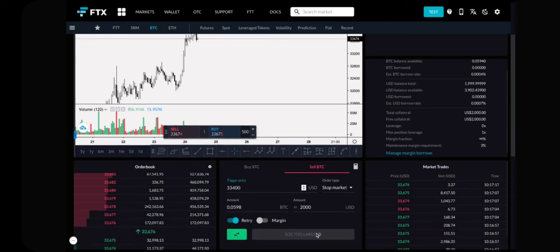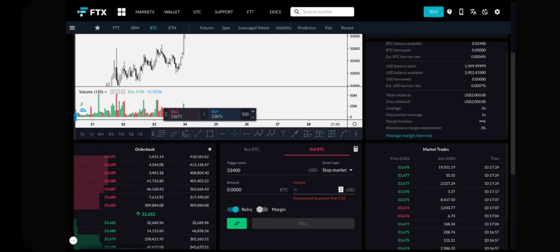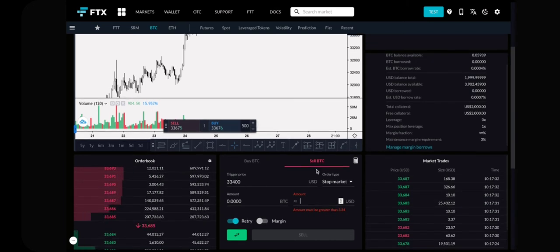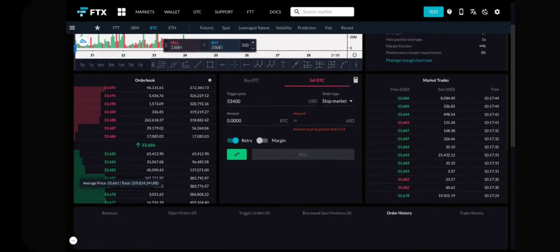Okay, so it's at 33.4. It's not going to let me place it because this is a sell order on spot, so I would have to borrow the amount. So it's not going to allow me to trade it unless I click margin. But a stop market order would essentially, if it was 33,400, put an order in here, which, if triggered, would sell your Bitcoin. So it's basically for protection. It's a stop loss.